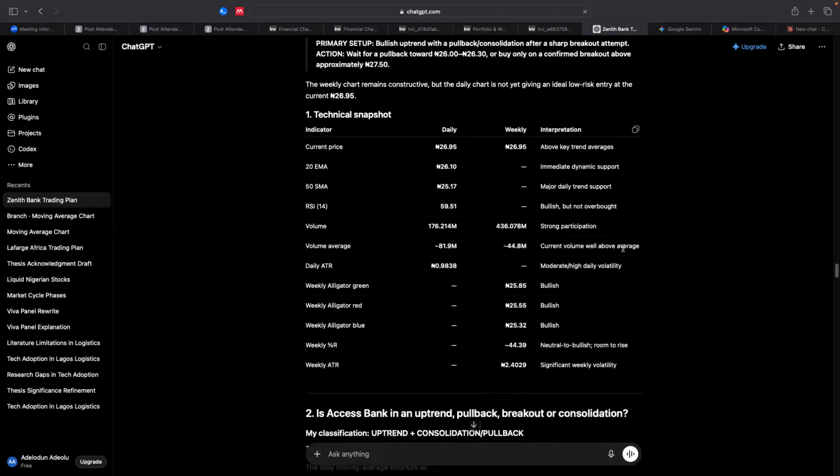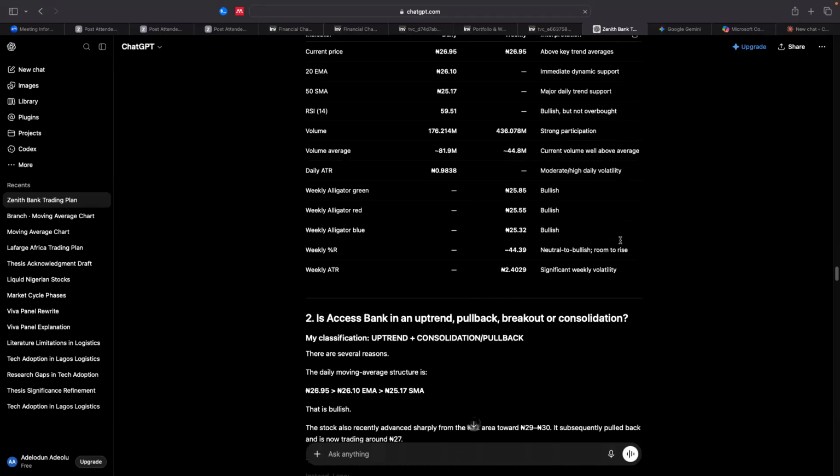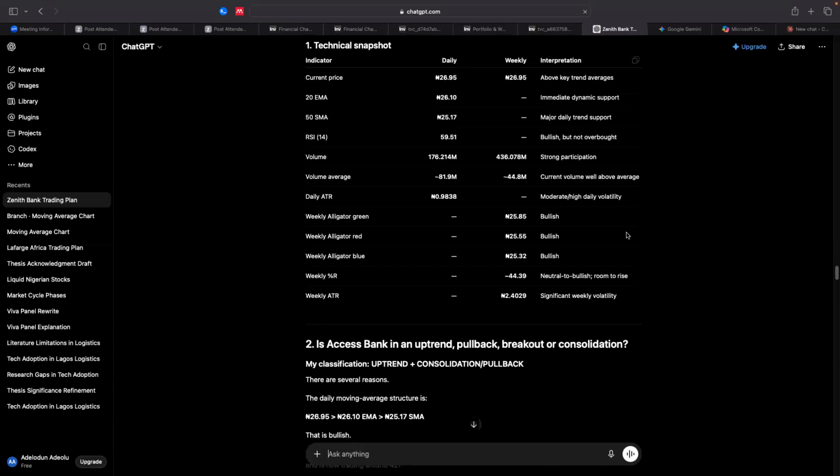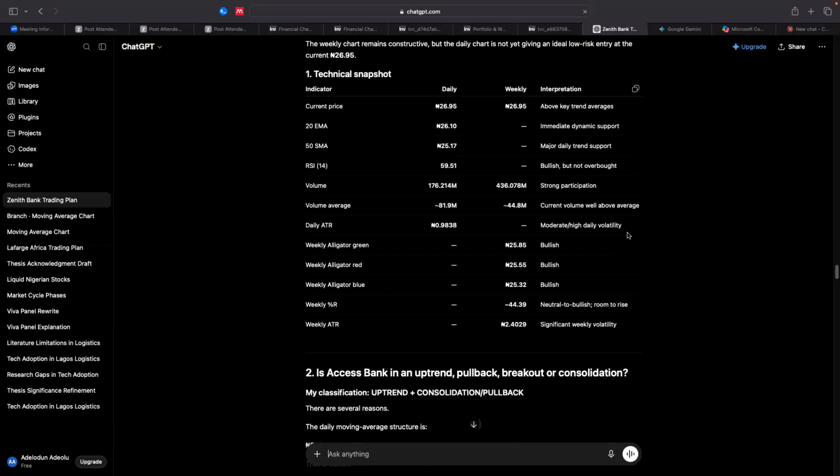On the daily chart, on price action and moving averages, the price is currently at 26.95, positioned above the 20 EMA and 50 SMA. It says the 20 EMA is sloped upward above the 50 SMA, confirming a short term bullish trend.